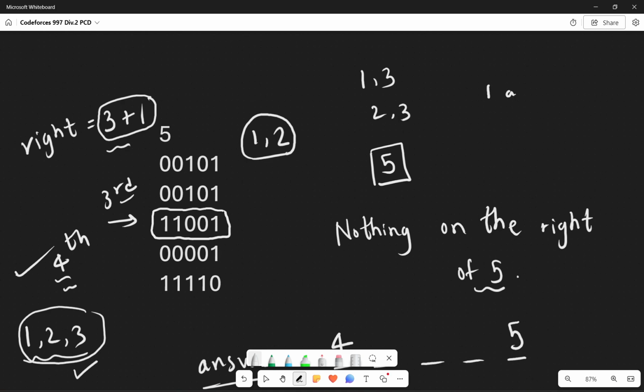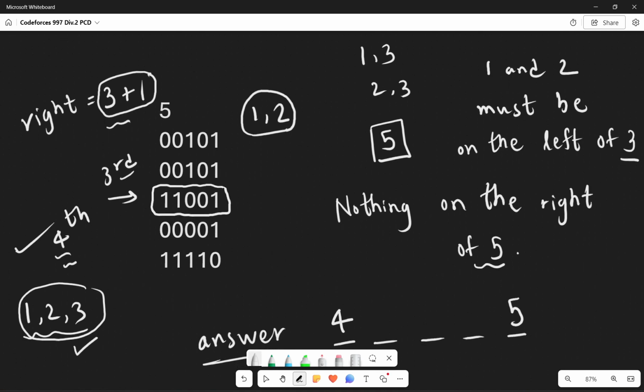So 1 and 2 must be on the left of 3, right? Yes, true. Till now there are 0 elements to the right of 3.